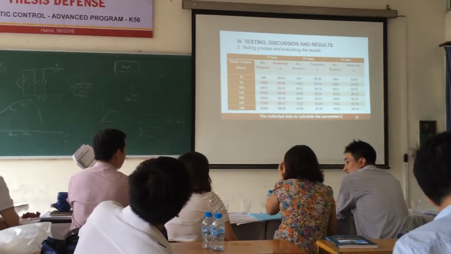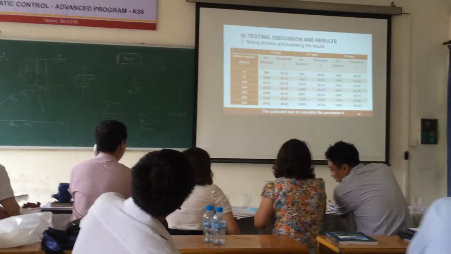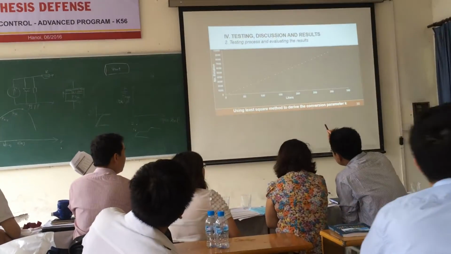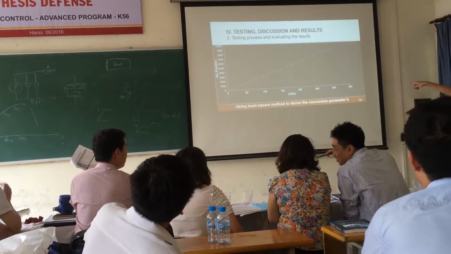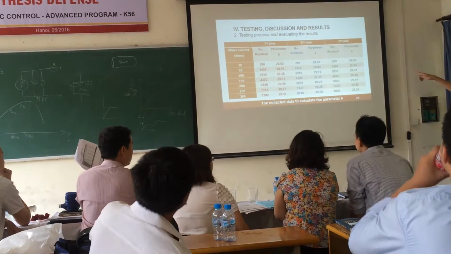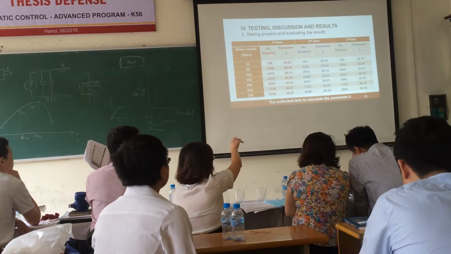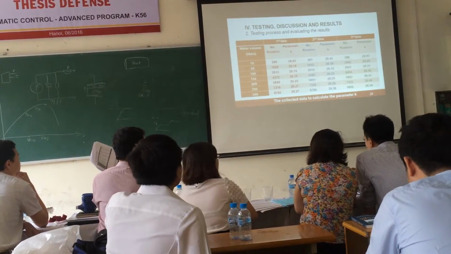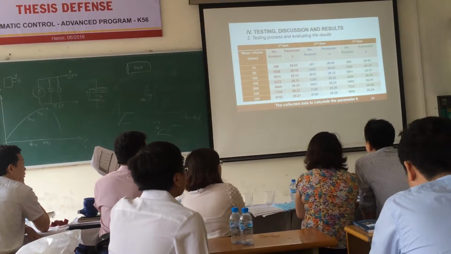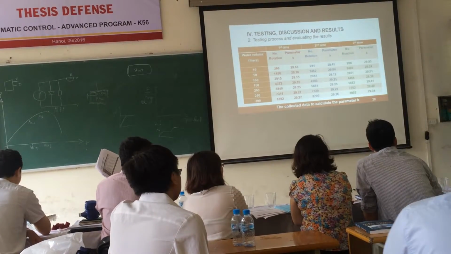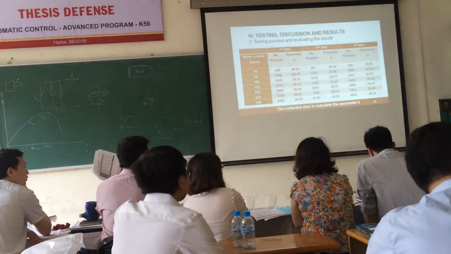And for the next one, how can you draw this one? I cannot find a way to combine the whole data together.